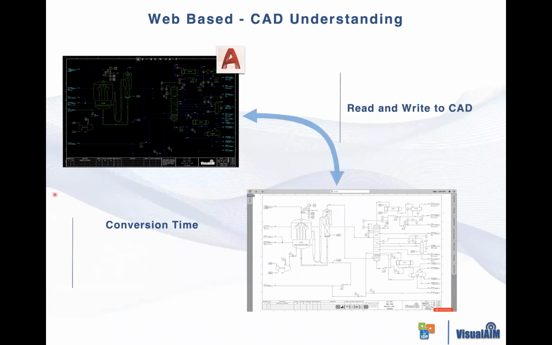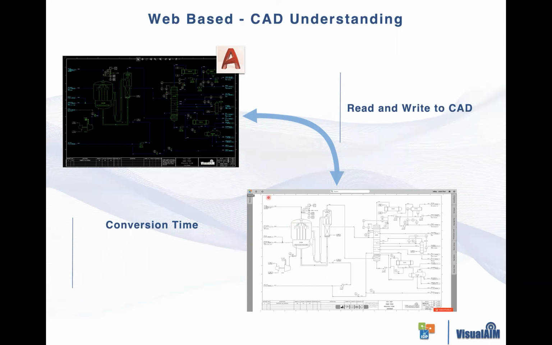The way that the platform works, it basically grabs CAD content and it can read and write against it via the application. You literally just upload the drawing into the platform, and it allows all of the drawing content and symbologies to be transferred over into the web version.